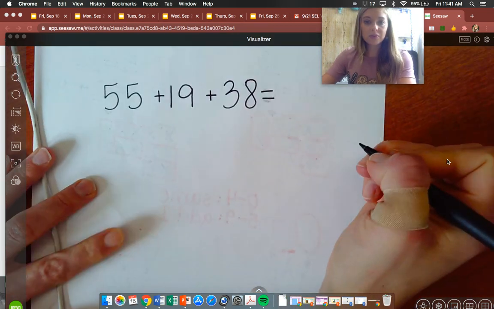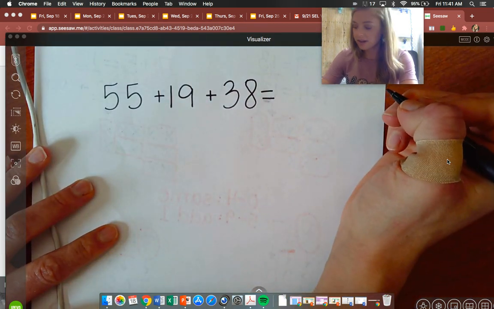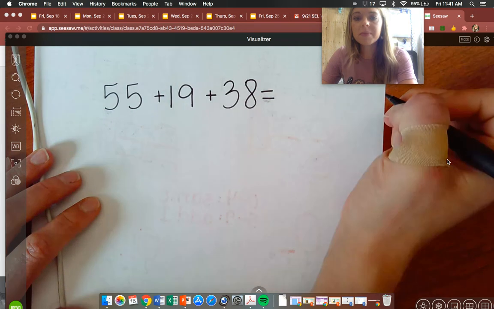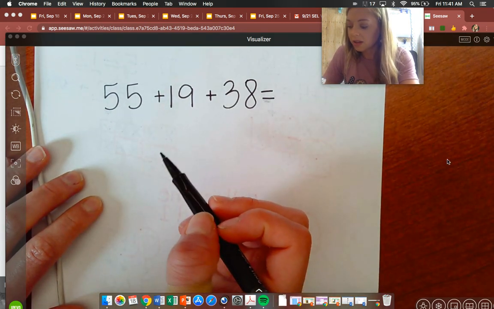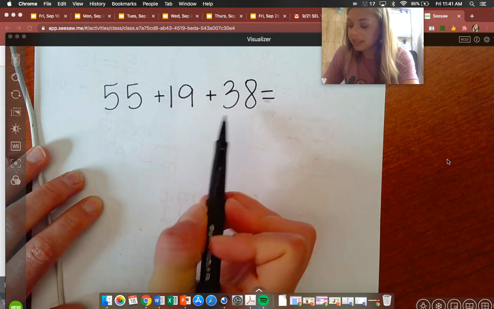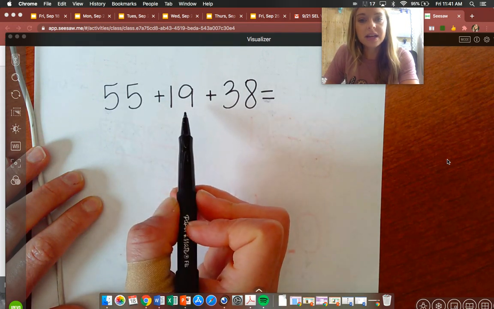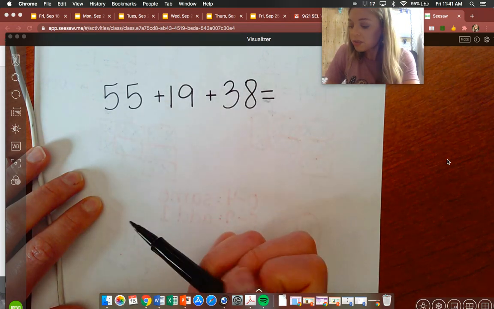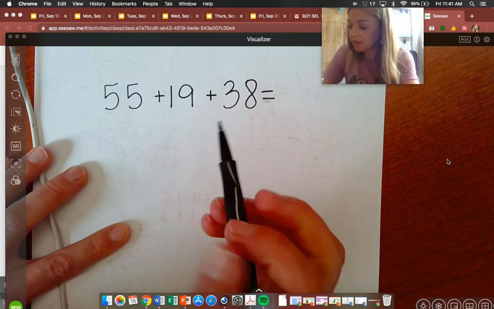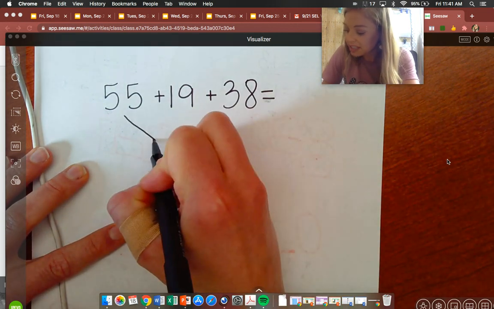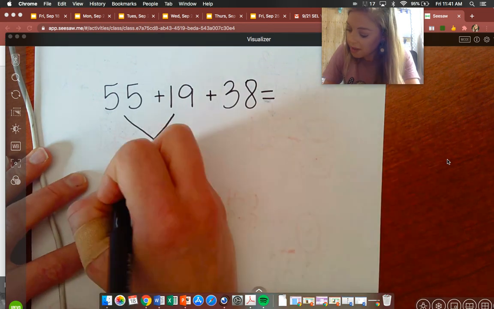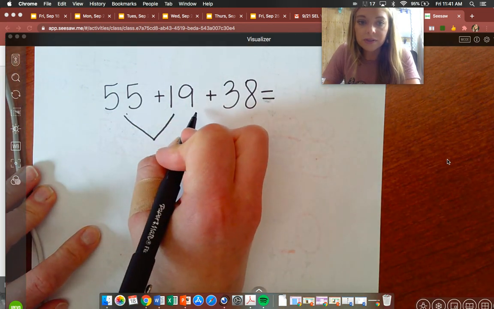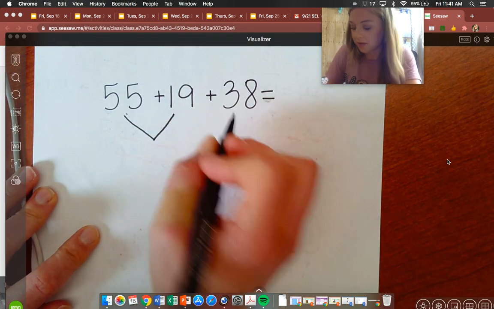You might be like, whoa, Miss Johnston, how do I do that? Well, remember that what we can do in this problem is add 2 numbers first and then add the third number. So what I'm going to do in this problem is I'm going to add 55 plus 19 first. So I'm going to add these 2 numbers first. I'm not even worrying about 38 right now.